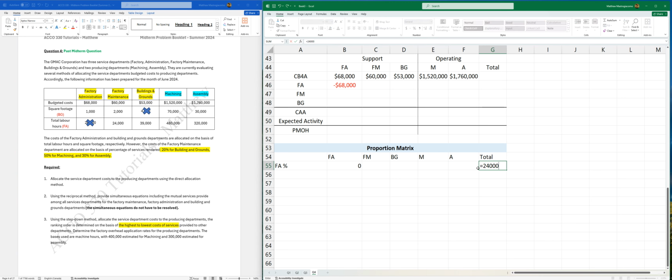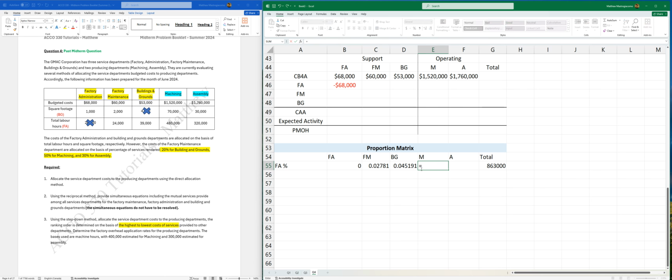We already did it before, by the way, guys, but you'll see here 24,000 plus 39,000 plus 480,000 plus 320,000. Okay, so we do here equals 24,000 divided by this. Then we have here, wait, let's see here, 480, 320, yeah. Then we have next up, what is it, building and grounds, 39,000 over the total.